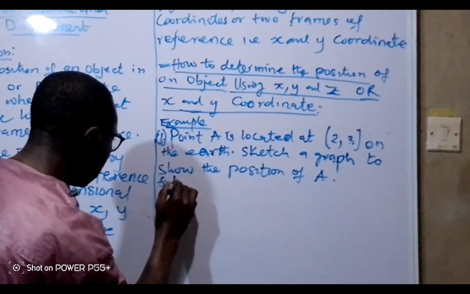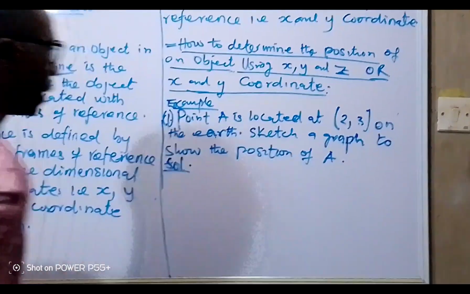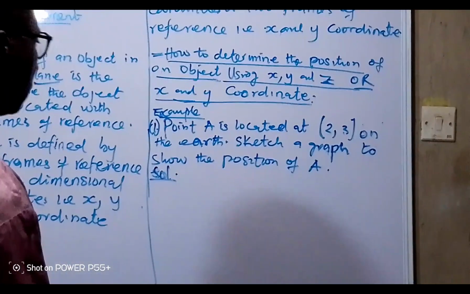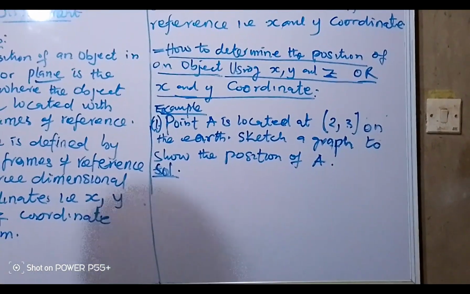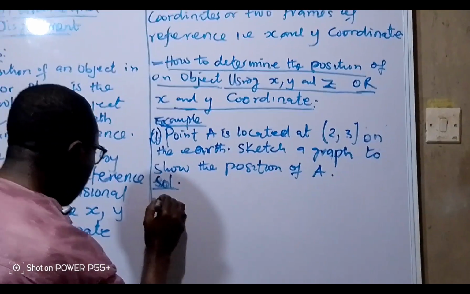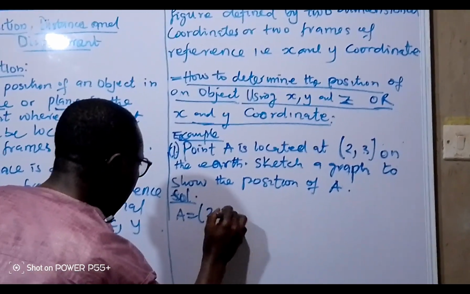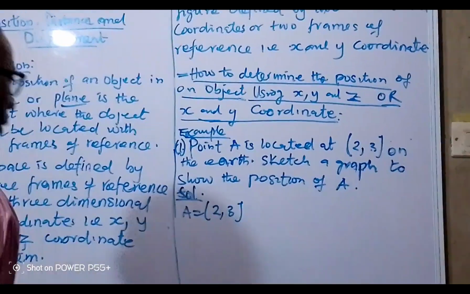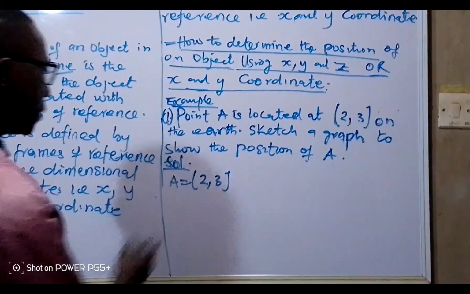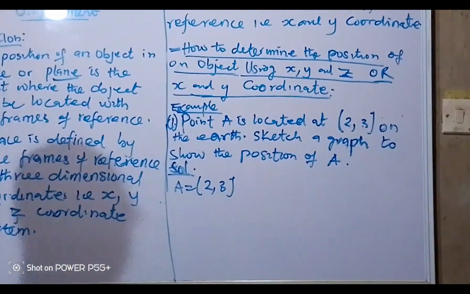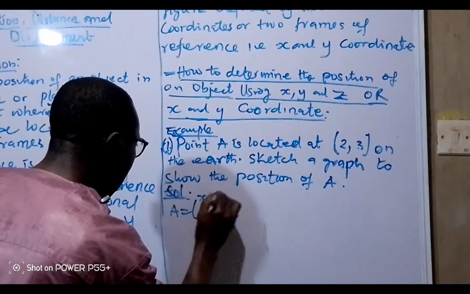Now, we have to sketch a graph to show the position of A. The point at which A is located is (2, 3). This one is on XY coordinate, so this one will be X, while this one will be Y.